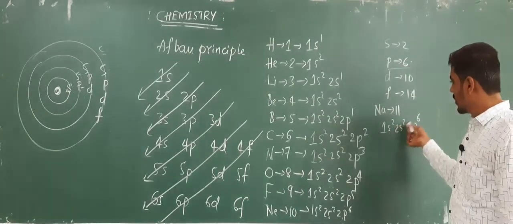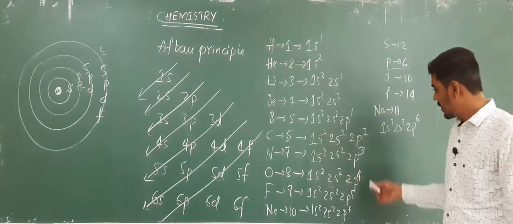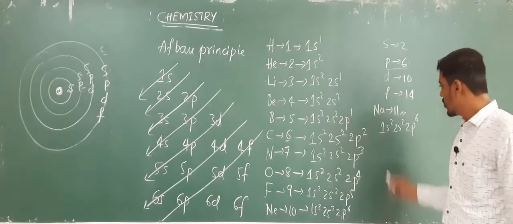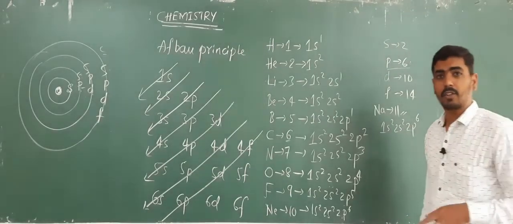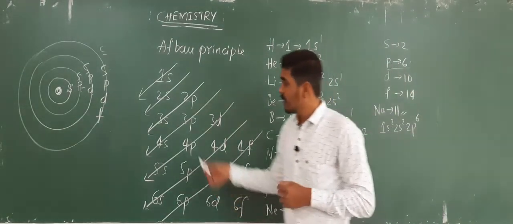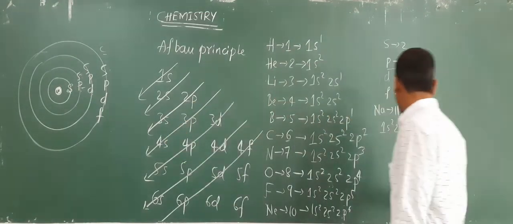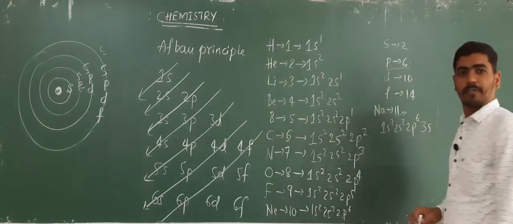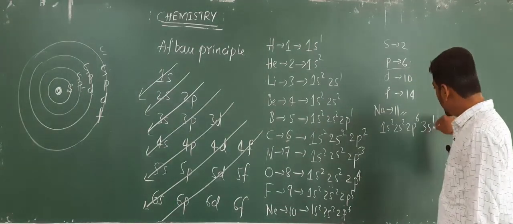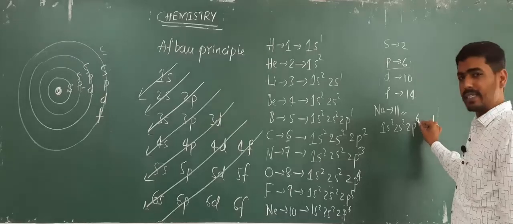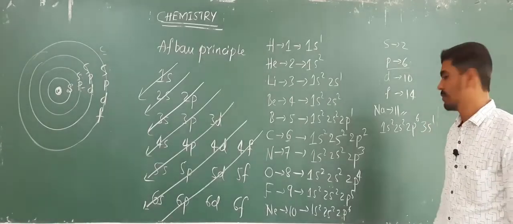But there are totally 10 electrons, and here how many electrons are there? 11 electrons are there. So next, one electron jumps to where? After 2p, which one will come? 3s. So it will move to 3s. How many electrons are there? 1. Because 2 plus 2 plus 4, 4 plus 6, 10, 10 plus 1, 11.